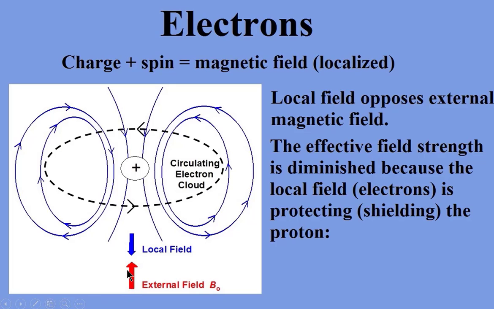So again, our external field coming up the page, and that localized field, as it comes across the nucleus, it's working against the external magnetic field B0. And so the field strength felt here by the hydrogen nucleus is diminished.